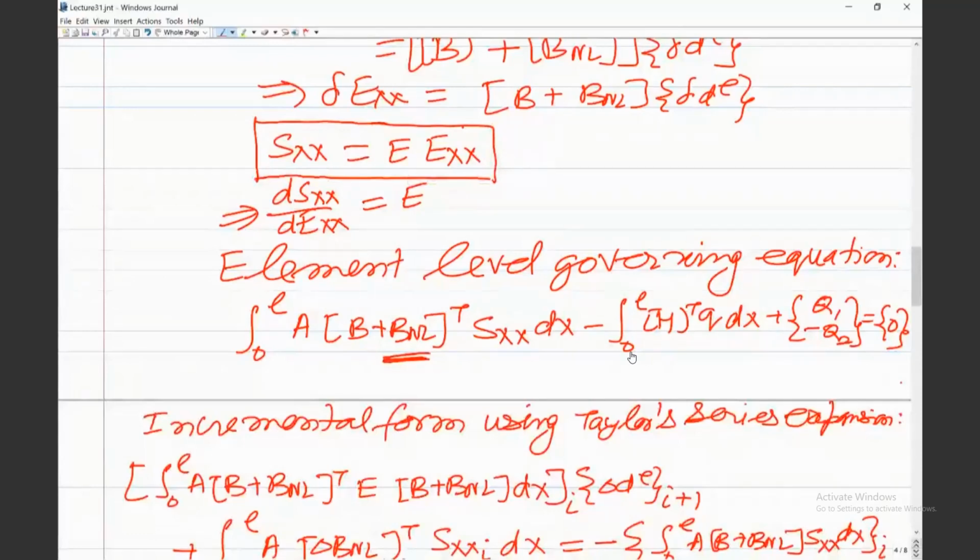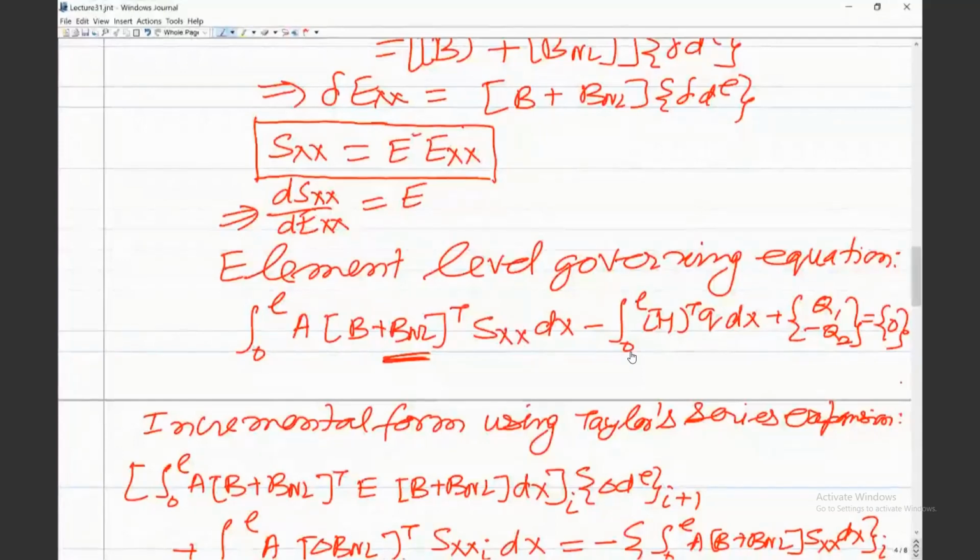So for the uniaxial state of stress, only Sxx is non-zero and the material is linear elastic, so I am writing it as E into Exx. Although you can use other hyperelastic models over here, we are assuming that it is linear elastic.